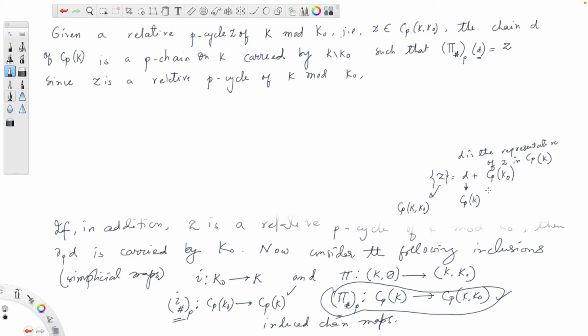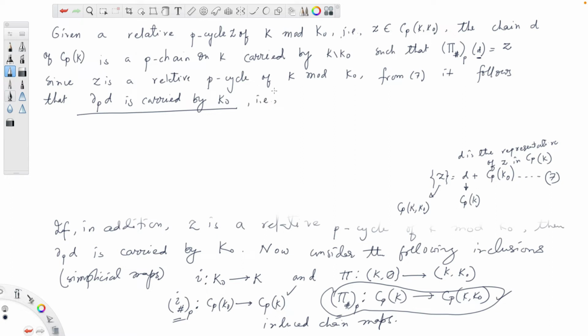From equation 7, it follows that del P of D is carried by K0. That is, del PD is in Cp minus 1 of K0.